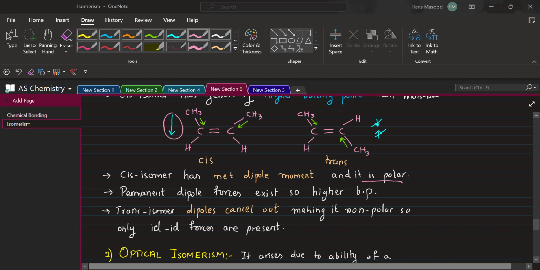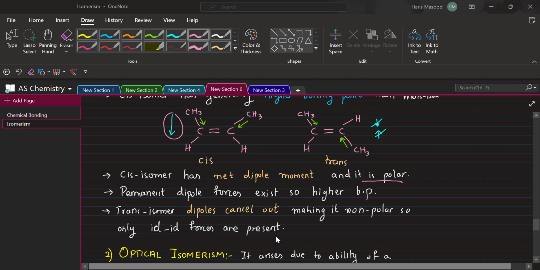Always remember, whenever we talk about boiling and melting point, forces are the reason behind it. The force which is present there will determine who will have the higher or lower boiling point. So cis isomers have permanent dipole force as an extra force, due to which they have higher boiling point. Trans isomers, dipoles cancel out.